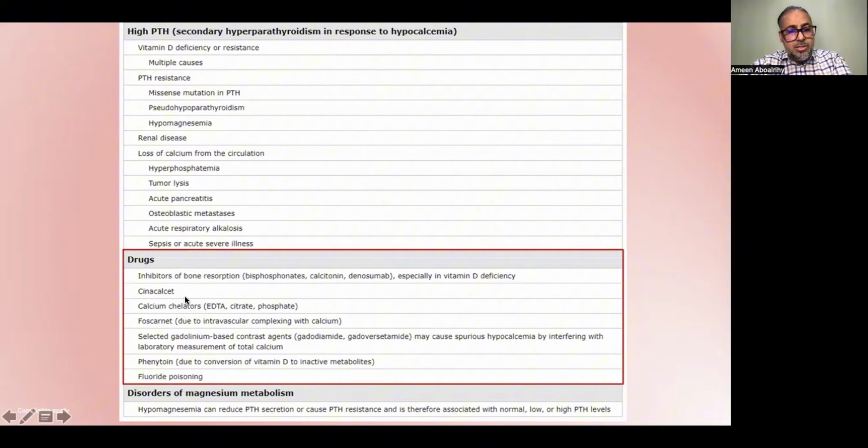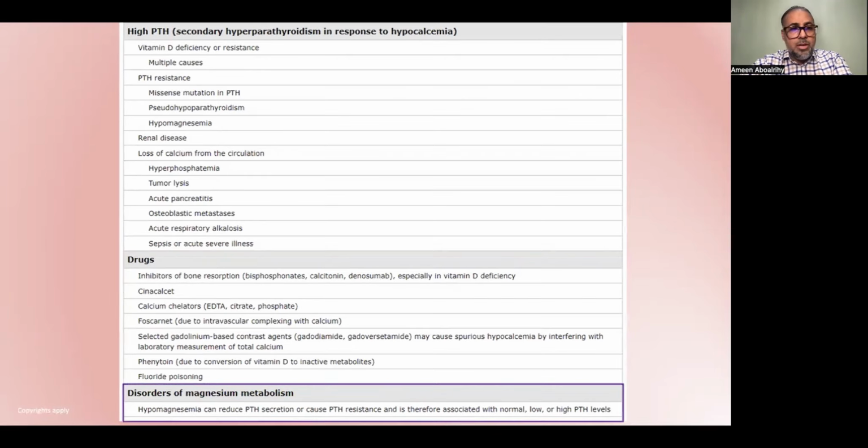Some of these drugs are well known to us, like cinacalcet, and some of them we don't even think about, like phenytoin, because it affects the conversion of vitamin D. It pushes it to render it inactive, in fact. The magnesium, as we said, we'll talk about.